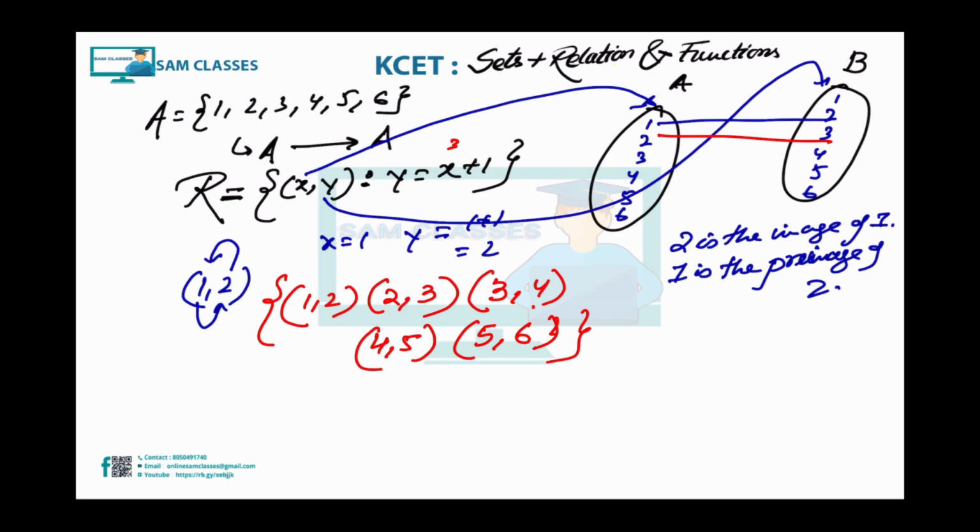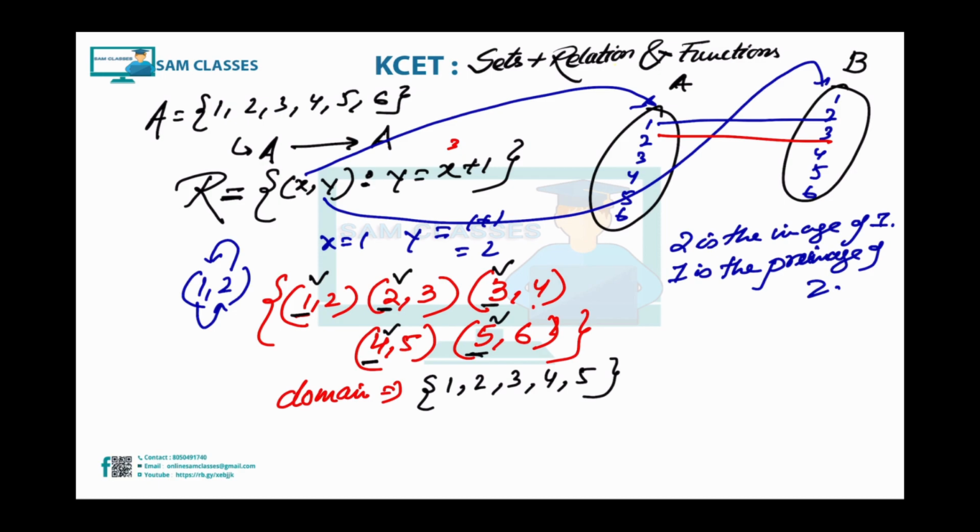Now we need to write down the domain. Just now we said it is the elements coming from the first set. So what is the domain here? 1, 2, 3, 4 and 5. For this relation, these are the elements from the first set that participate in the relation.